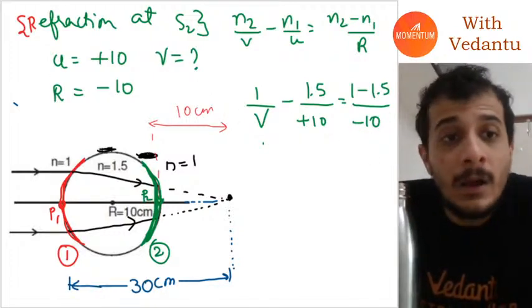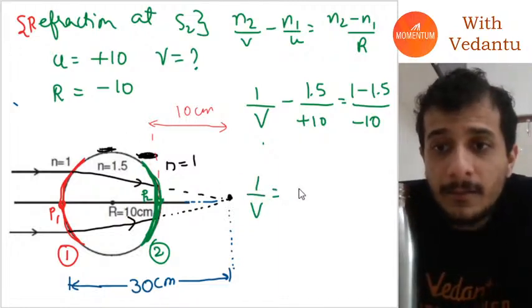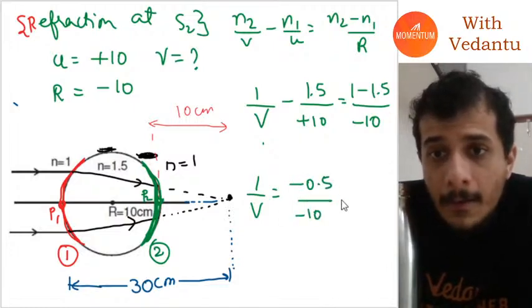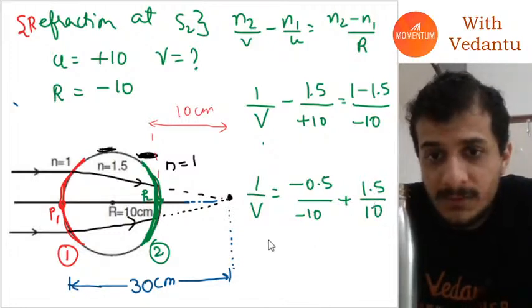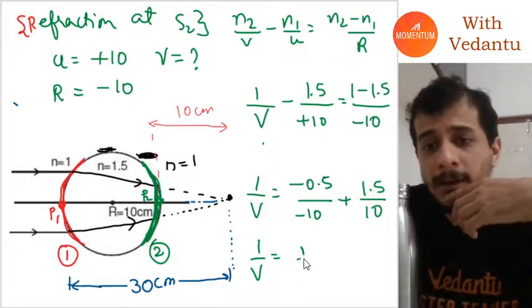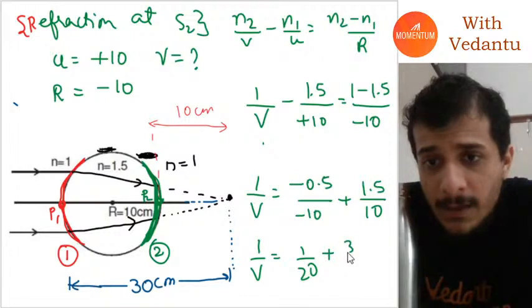Okay. Now, if I do the calculation, this just gives me 1 by V is equal to minus 0.5 by minus 10 plus 1.5 by 10. This gives me 1 by V is equal to 1 by 20 plus 3 by 20.